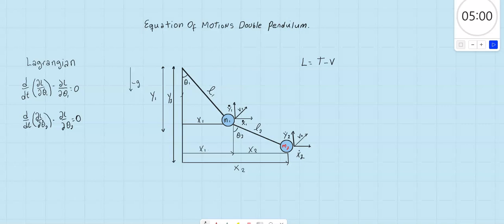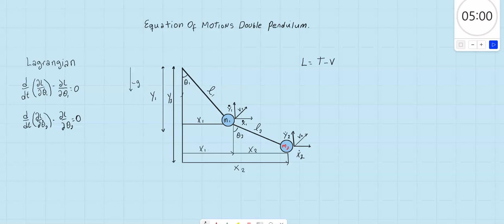I drew a double pendulum right here where you can see the masses m1 and m2. And you can see that x1 is a function of theta 1 and x2 is a function of theta 2. This will be my y1 right here. This will be my y2 right here. This will be my x1, opposite to theta 1, and this will be my x2, opposite to theta 2.